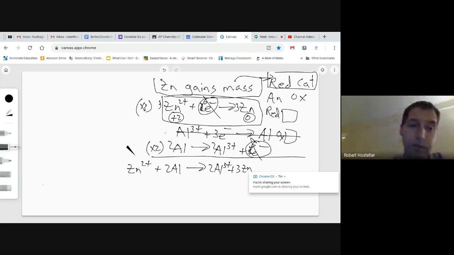If you want to do line notation to show what happens in the cell, remember you start with the anode. Then you do a big tall line like that to represent a phase change. Then you show its solution, the ion in solution. A double line represents the salt bridge.